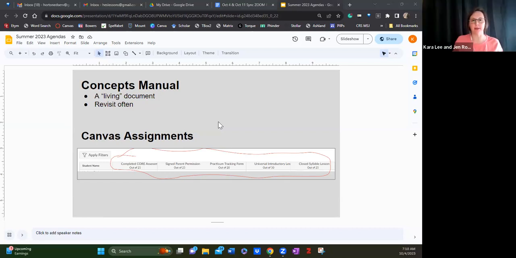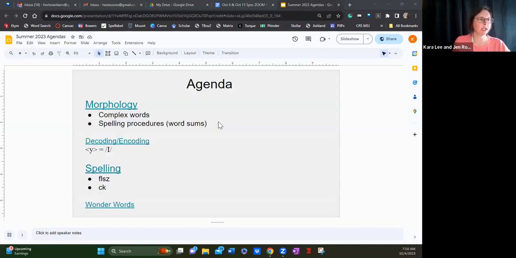Thanks, Jen, great reminder. Those shouldn't just be blank. You should note each time that you stopped, especially on the universal ones, stopped on whatever date, picked up the next time, so we can see that progression.